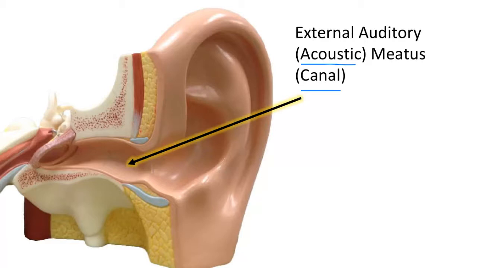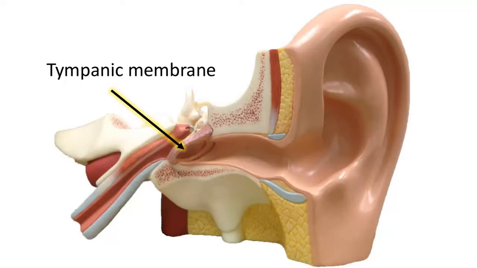And then those sound waves will enter and travel down the canal and hit the tambourine that's there in the ear canal, which is referred to as the tympanic membrane. Otherwise known as, and don't write this on the test, the eardrum.